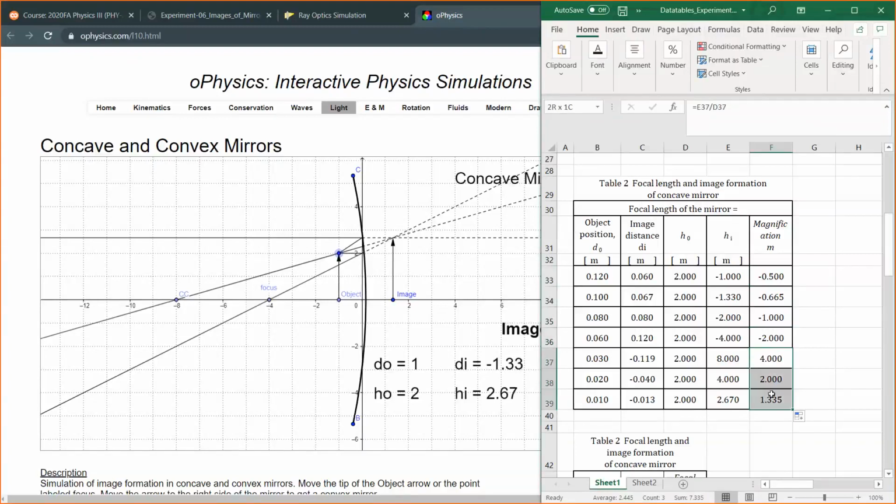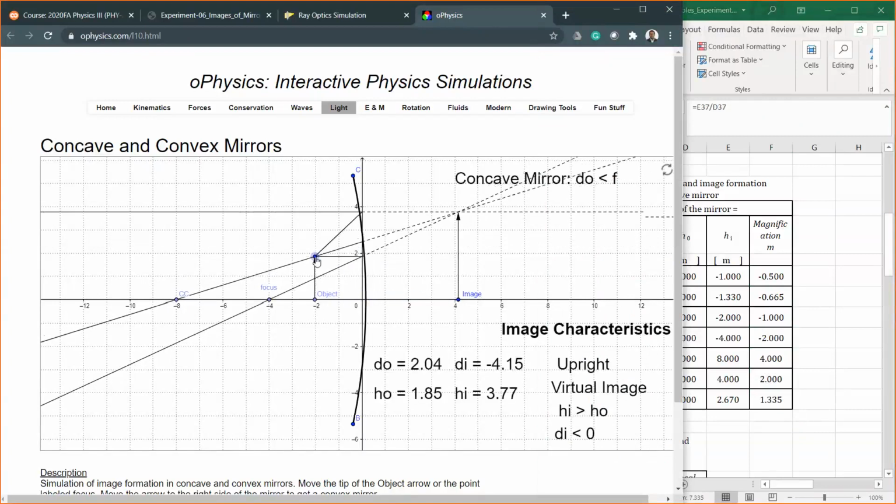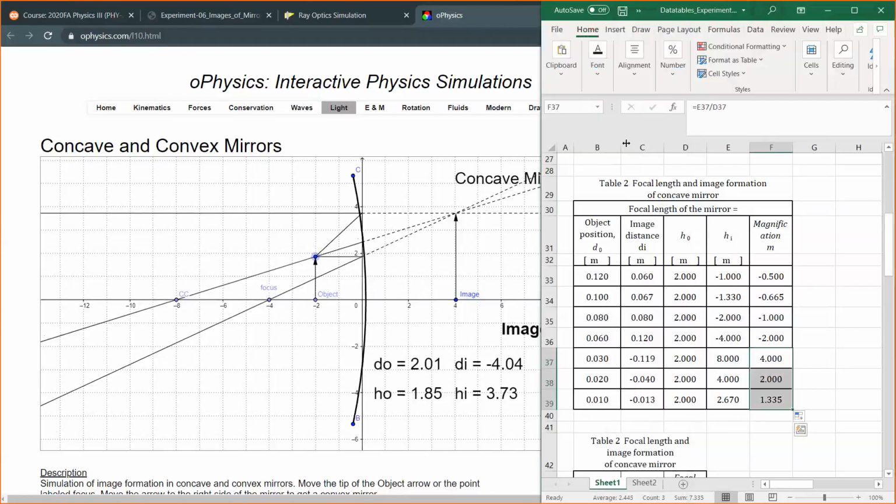You can see the sign changes, right? Now it's upright and the larger image first, and then it's slowly decreasing. If you bring this object much closer, now it's decreasing again, okay? Now, that's the idea of spherical mirrors, right? The image is actually very, very sensitive, whereas the object is.